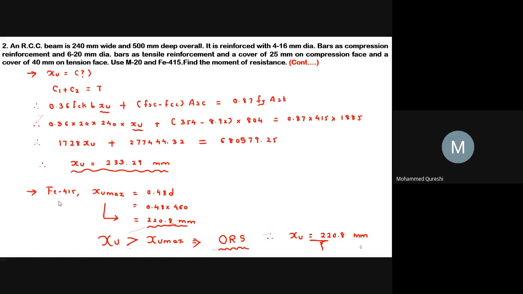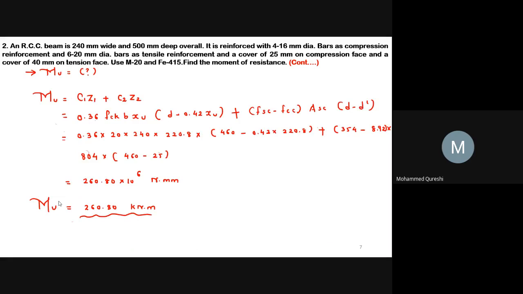For an over reinforced section, we choose the minimum value of xu and xu max. And after inputting the minimum value, we find the moment of resistance Mu using the equation C1Z1 plus C2Z2. In this way, you have to compute the moment of resistance.